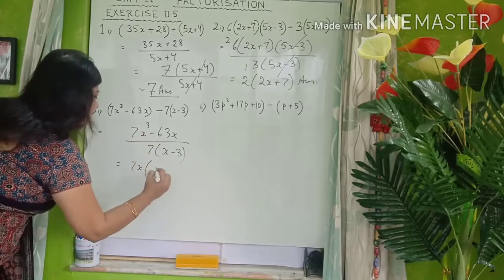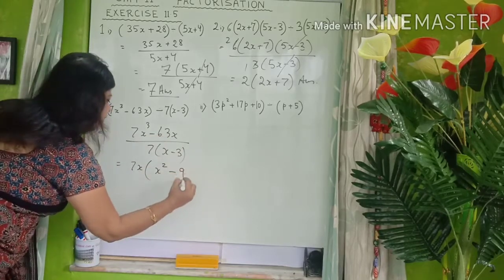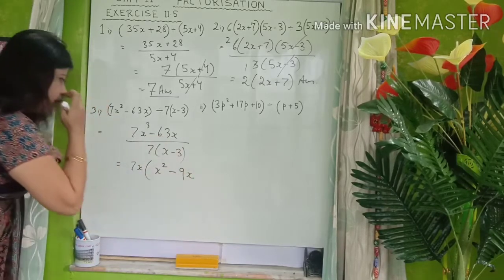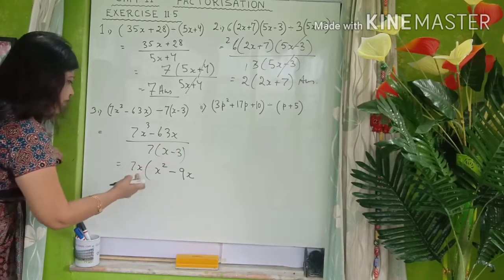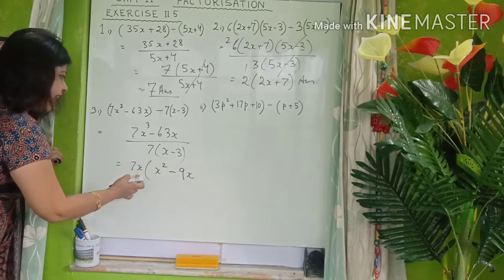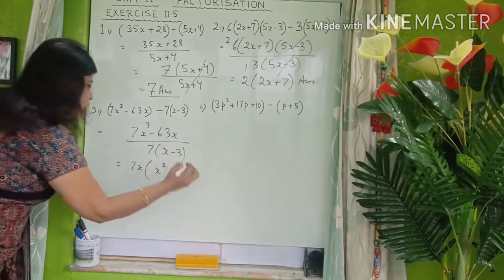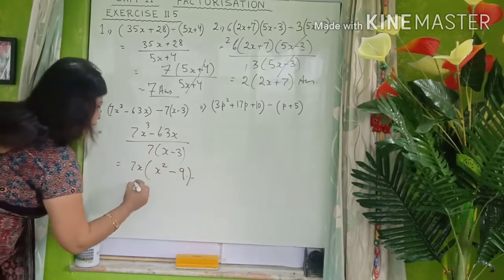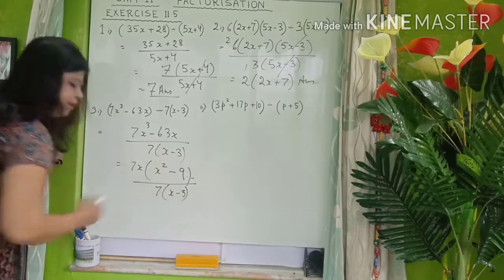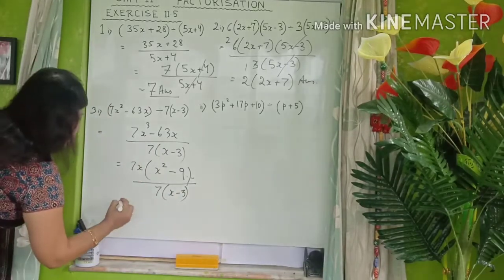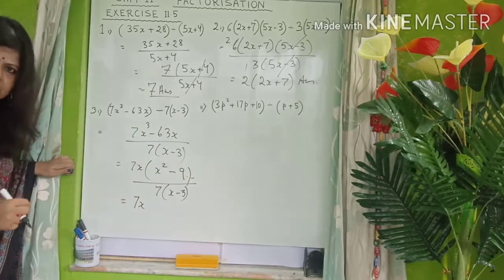What remains? x square minus 9, since 7 9s are 63. Followed? So students, when you see x cube and x, you have taken 7x common. So here x square remains, here 9 remains because x we have already taken common. And your denominator is 7 into (x minus 3), the divisor. So here you see 7x, you have x square minus 9.